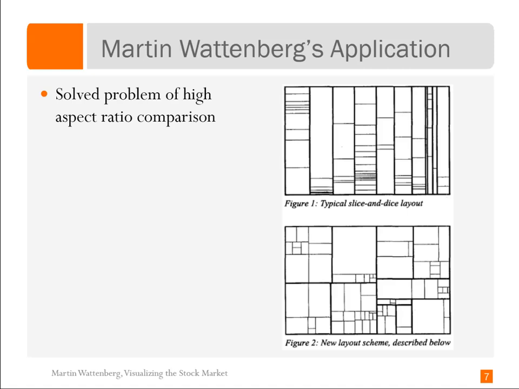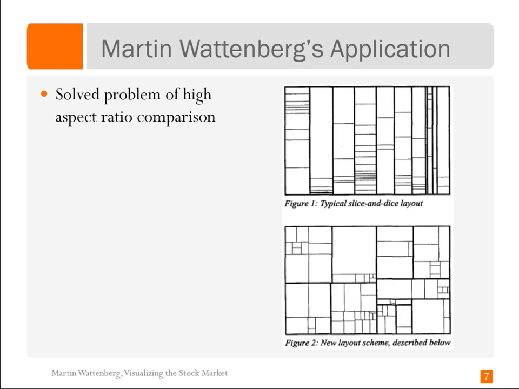And so Wattenberg improved on the tree map and created a new layout scheme. The way that scheme works is you have this nested approach where we see large squares. It looks like there's about, in this diagram, nine or 10 large squares.